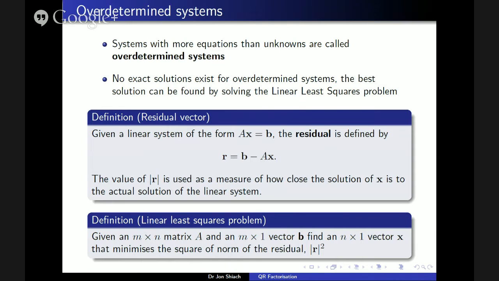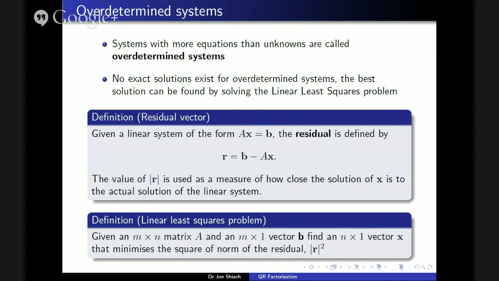Last week, using indirect methods, x was our current estimate. And what we saw is we can look at the norm of r and measure how close the solution is to the actual solution. Okay, the smaller r is, the closer x is to the actual solution, if it exists.